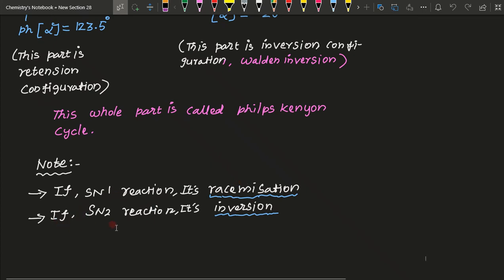If SN2 reaction, it gives the inversion product. SN1 reaction gives the racemization product, and SN2 reaction gives the inversion product.